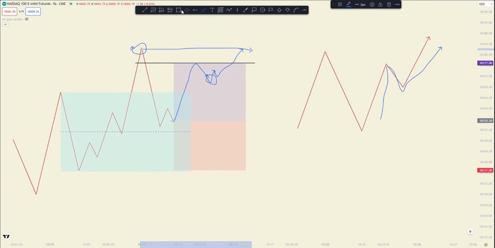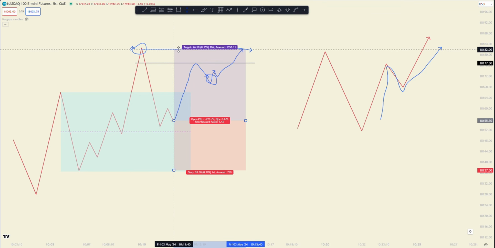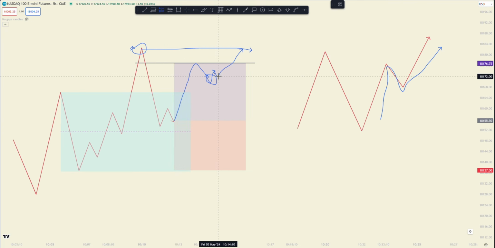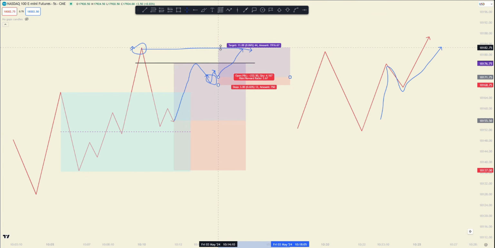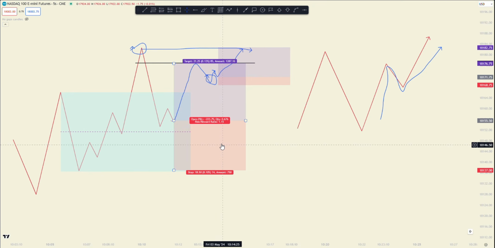So now instead of taking one trade that might produce 27 points, I can take a trade that produces 21 and then potentially another trade that produced 10, and so now I got 32 points out of a 27-point move. And that's how you can maximize it.